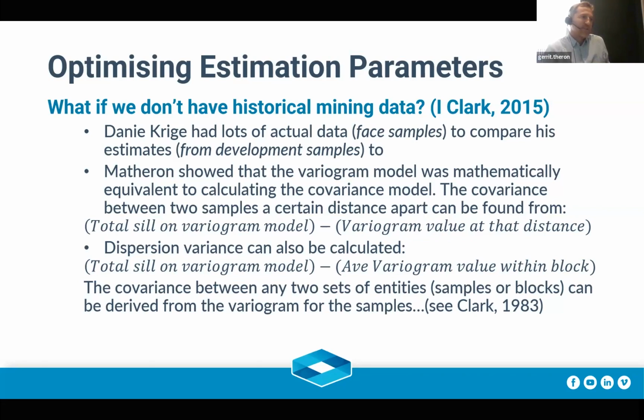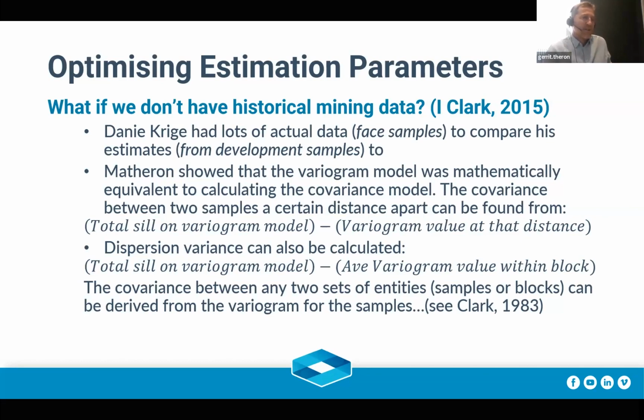The dispersion variance can also be calculated as the total sill on our variogram model minus the average variogram within our block. That is, each block inside our block model. So the covariance between any two sets of entities, our samples or our blocks, can be derived from the variogram of the samples.